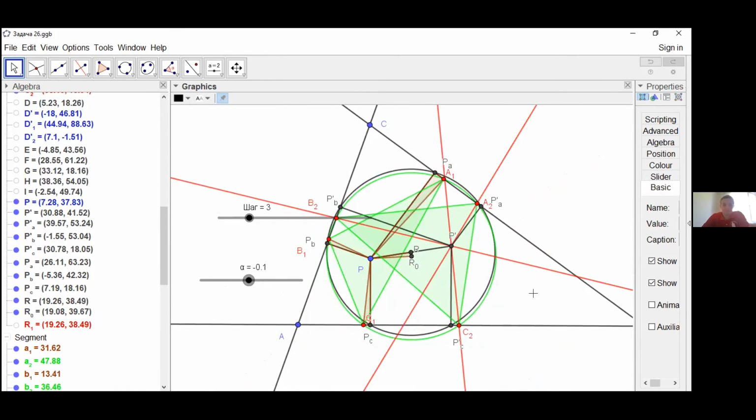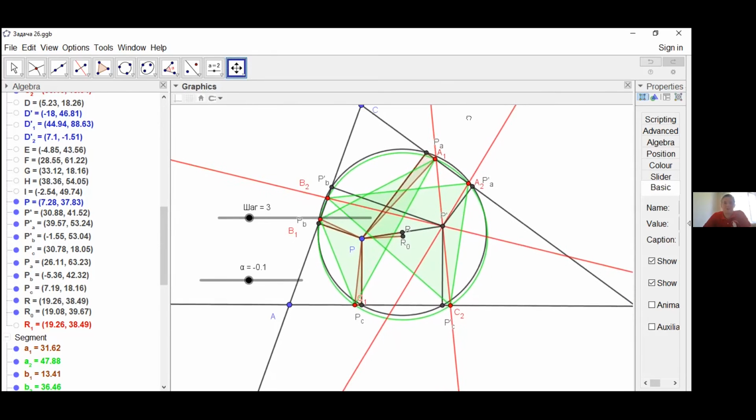Now, this construction is nice by itself, in my opinion. But what is an even nicer thing is that it is connected with conics inscribed into a triangle.